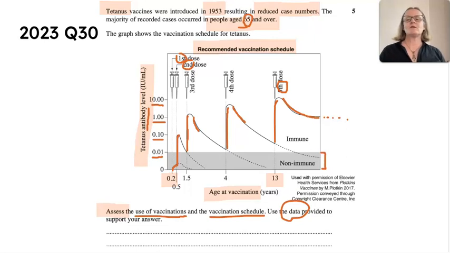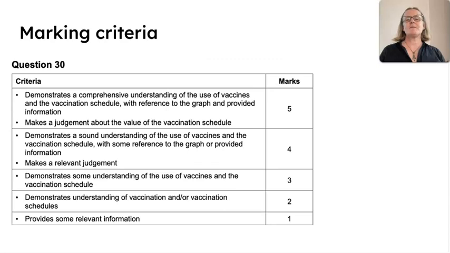So let's have a quick look at the marking criteria. So it's a 5-mark question, and we're looking for things like comprehensive understanding of the use of vaccines and, remember, the vaccination schedule. And they also want you to reference the graph and the provided information.